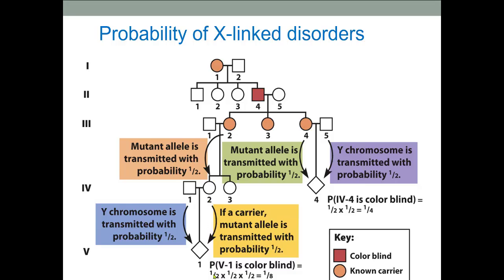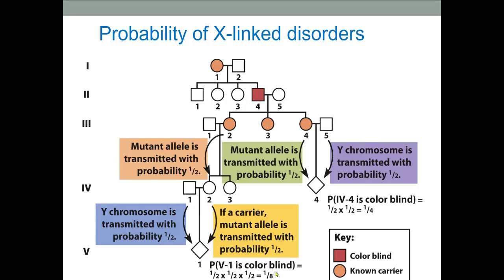There's a 1/2 chance that you were a carrier in the first place. If you were, you would have to donate to your offspring the mutant allele. That's another 1/2 chance. And your partner would have to donate the Y chromosome. That's another 1/2 chance. So based on the information we know on the left side of this pedigree, the chance of individual 5-1 being colorblind is 1 in 8. Again, it would have to be a male, but a 1 in 8 chance overall.